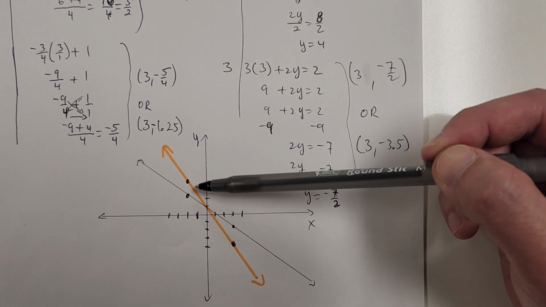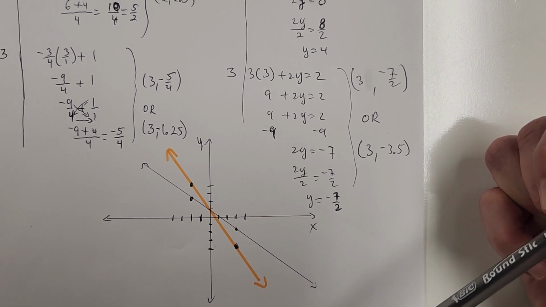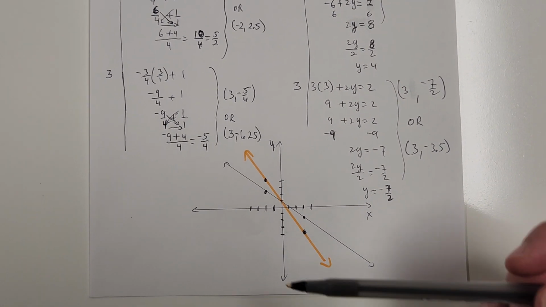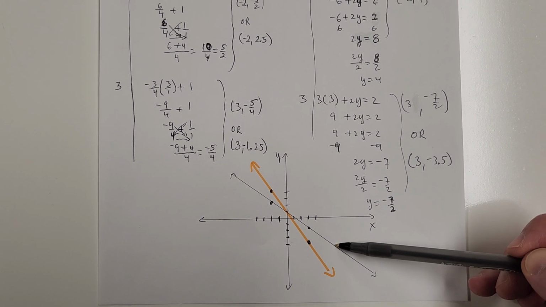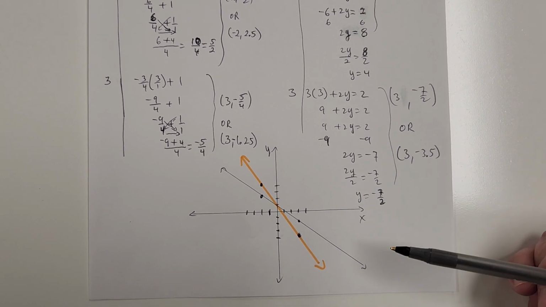So there's my first point, my second point, and then connect, and that's my second line. So my black line is the first equation, my orange line is the second equation.